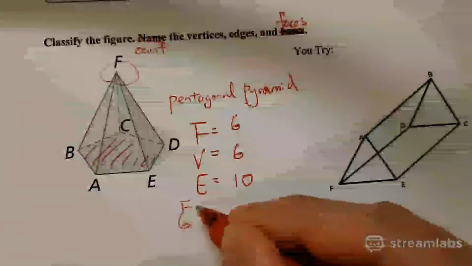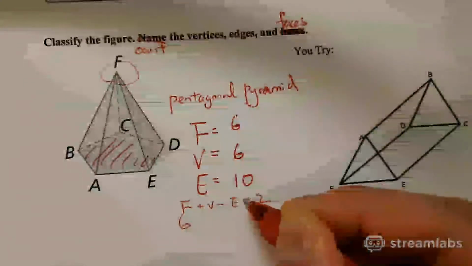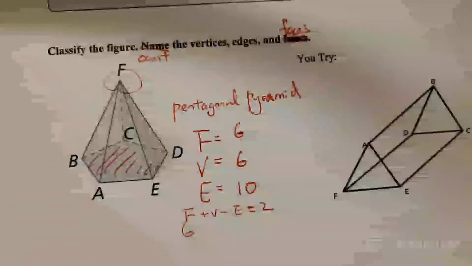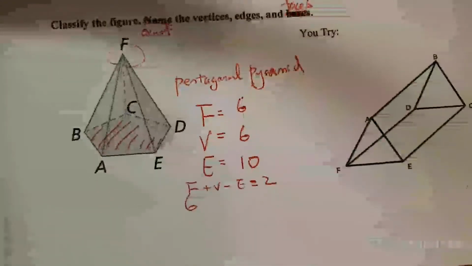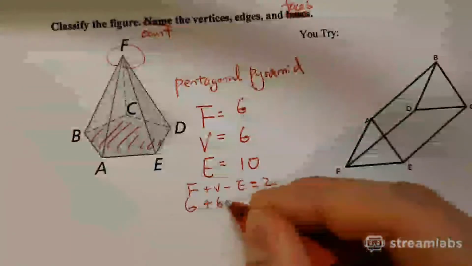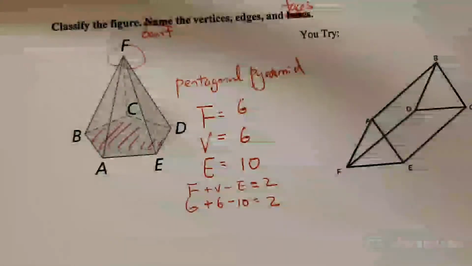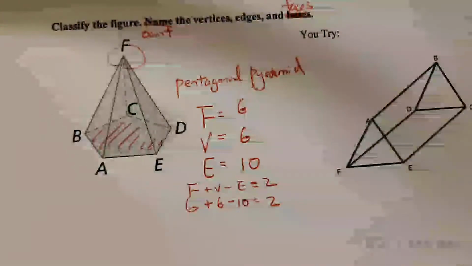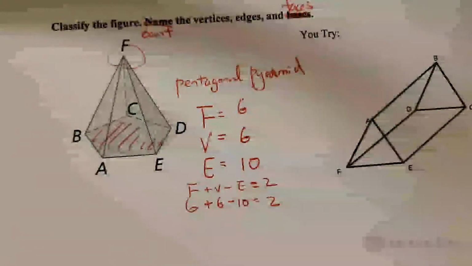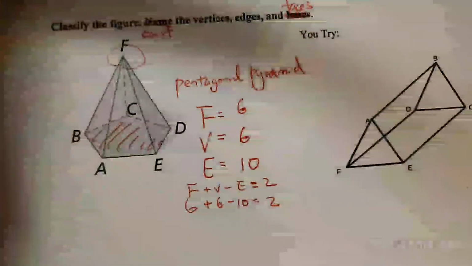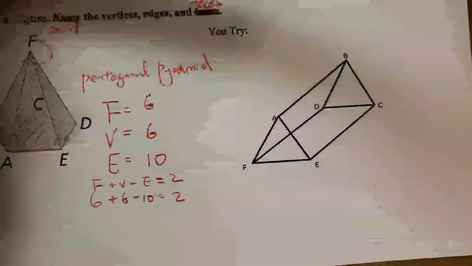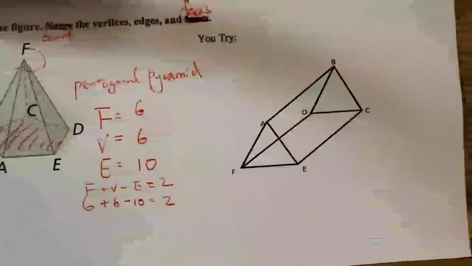Right, which was F plus V minus E equals 2, right? Is this true? Take a look. So 6 plus 6 minus 10, that's 2, right? All right, can you do the same for the one on the right?